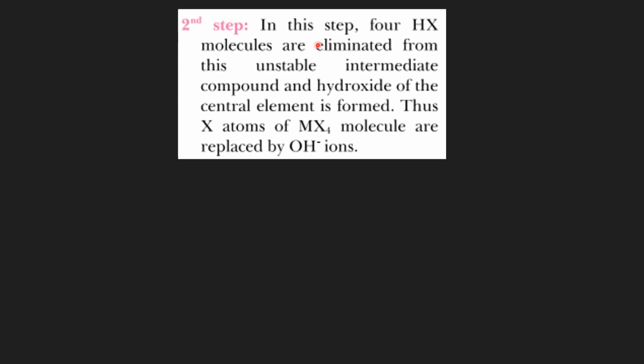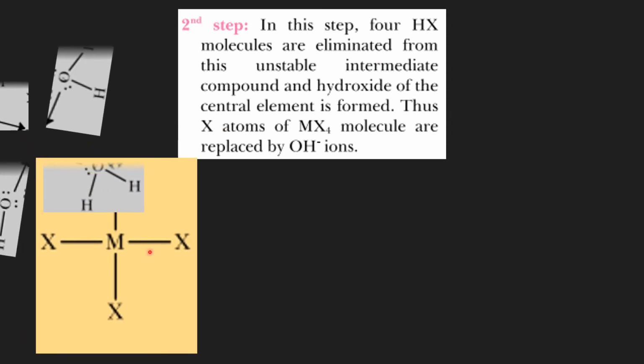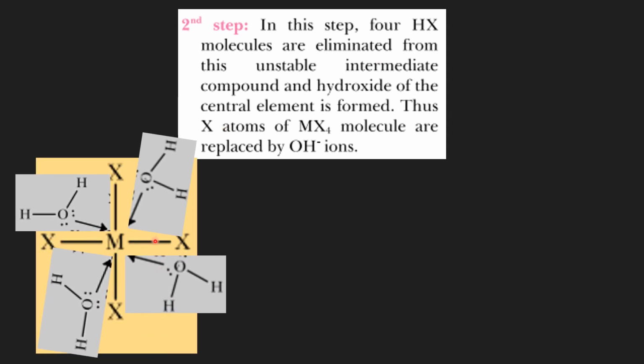And what happens in the second step? In the second step, four hydrogen halide molecules are eliminated from this intermediate compound. You can see this X atom from the central atom and the hydrogen attached to the water molecule are eliminated in the form of hydrogen halide.